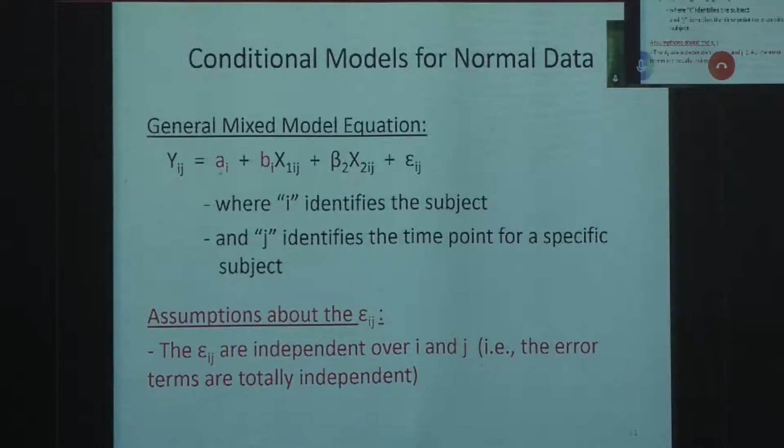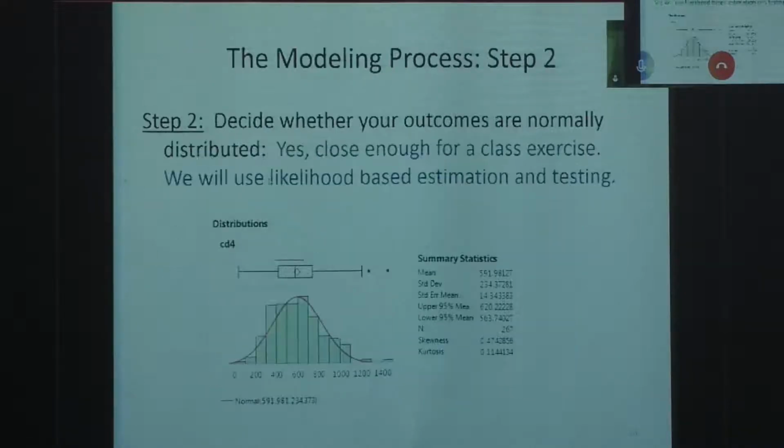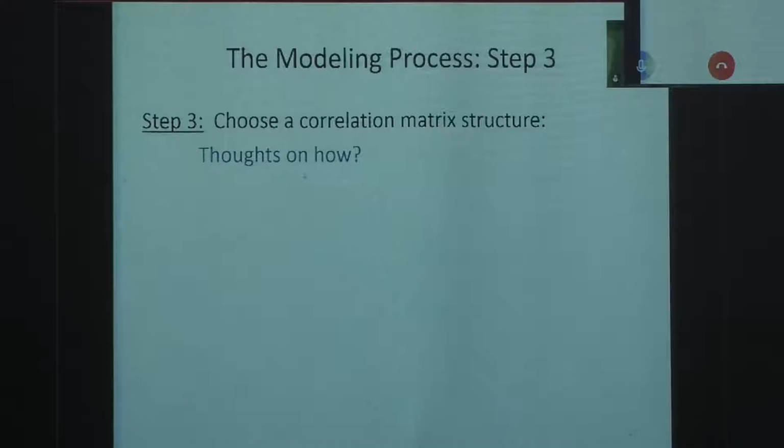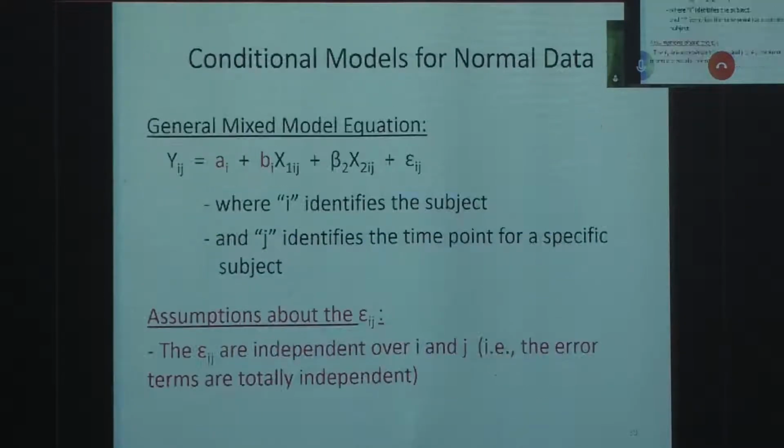Not only is this a Roman letter, it now has a subscript. And so A_i refers to the intercept for the ith patient. B_i is the slope for the ith patient. So previously, the model was just alpha naught and beta 1. The effect of time was beta 1. It was the same effect for everyone. But now the effect of time is for the individual.